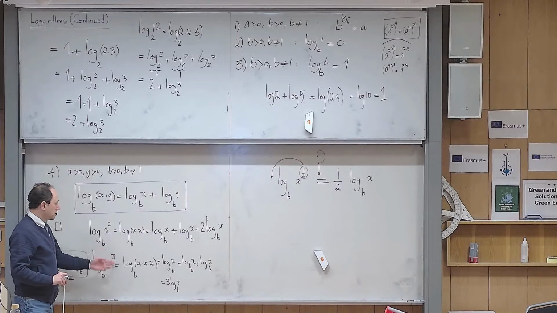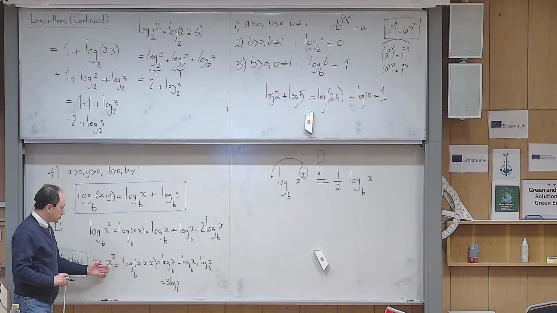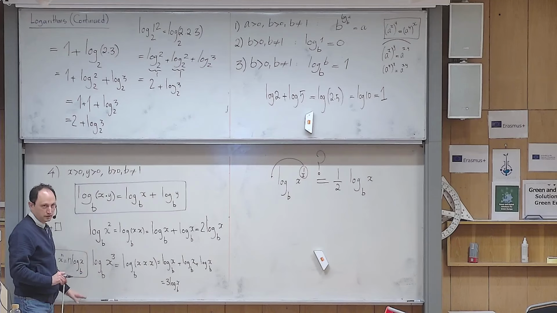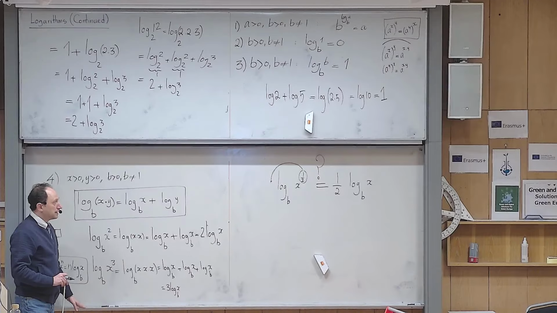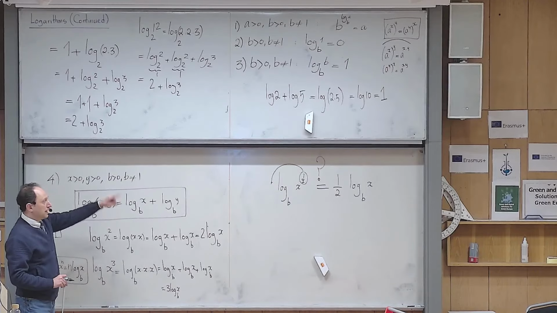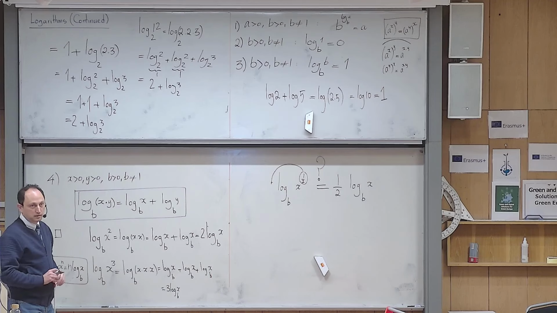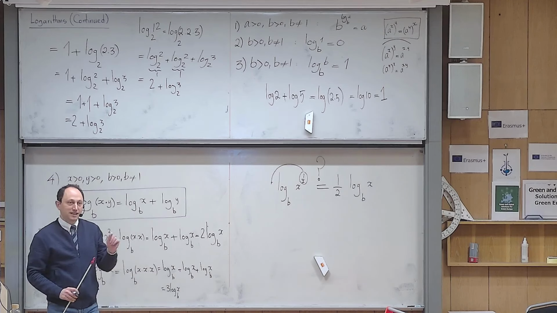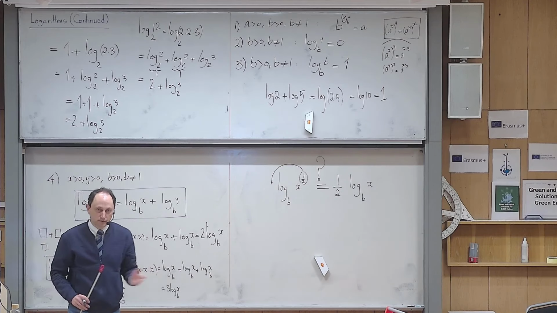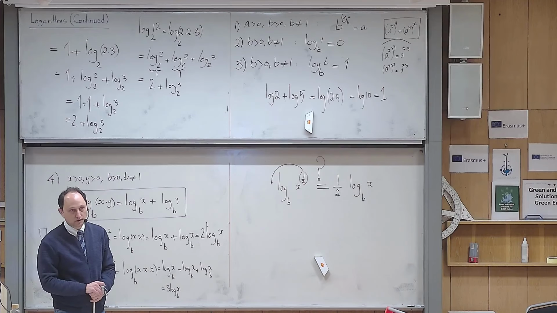I hope that you agree that I can continue this process for x to the power 4, for x to the power 5. This is more or less trivial. But it is not at all trivial that the logarithm of x to the power of 1/2 can be moved to the back. Do you understand that? Because I cannot write x to the power 1/2 as x times x one half times. It doesn't make sense.